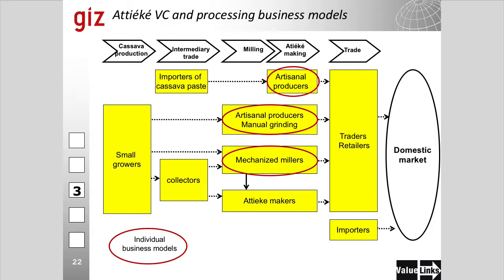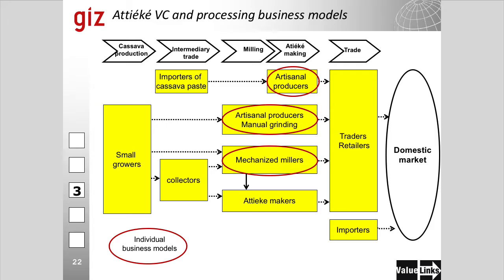You can make attiéké right away, and then that would be a Burkina produce, but with an import input. It is a bit simplified. I agree, the cassava or attiéké value chain probably has more details, and you could differentiate the types of growers more. But in terms of the actual processing, the milling and attiéké making, I think this is pretty much what you find.